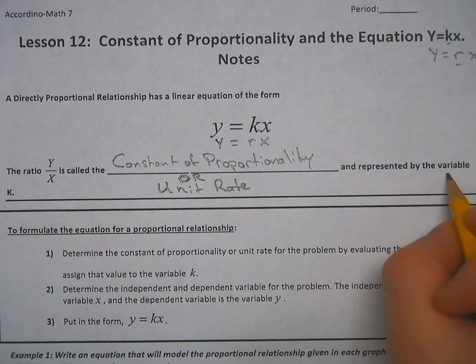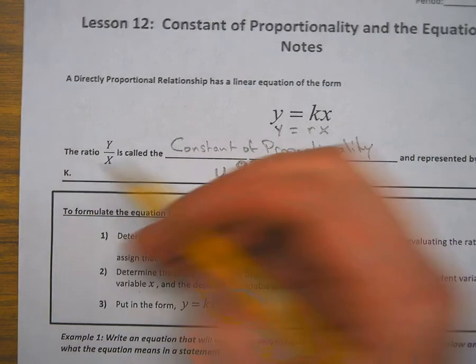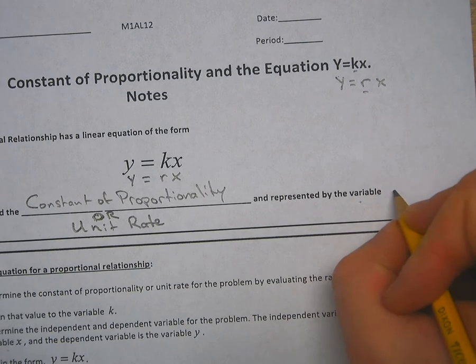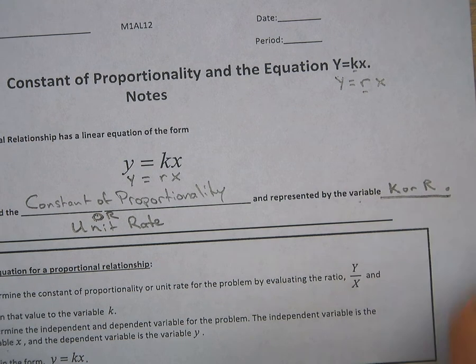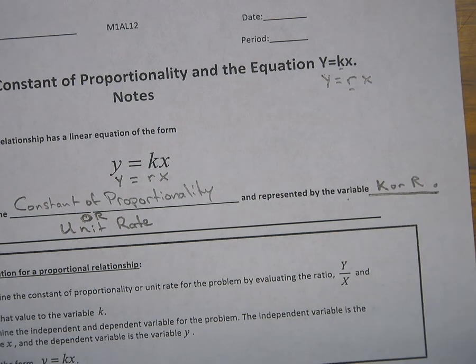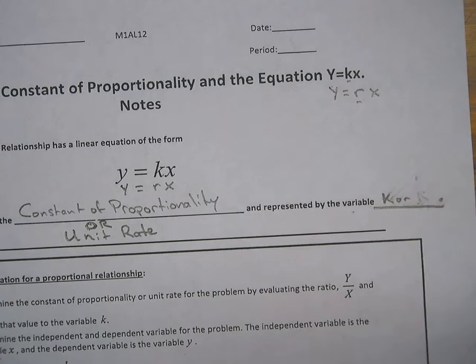And it's represented by the variable, this says k way down here, but it's represented by the variable k or r. And I just made my own little blank there. That way you remember that it's represented by k or r, lowercase r.